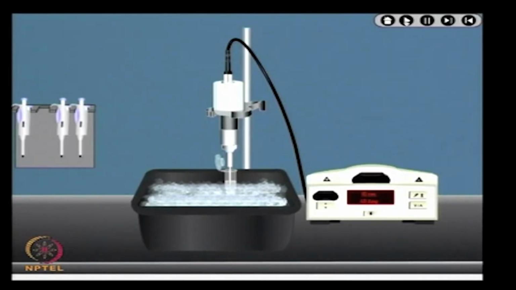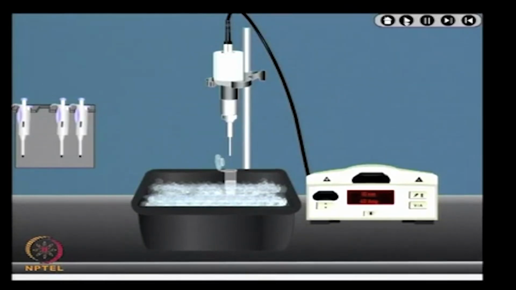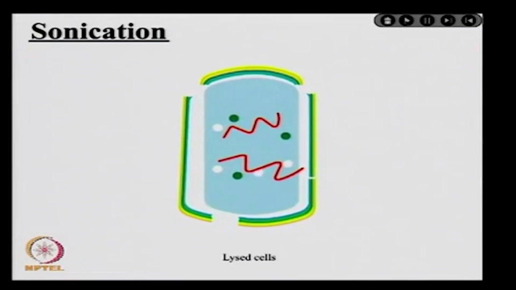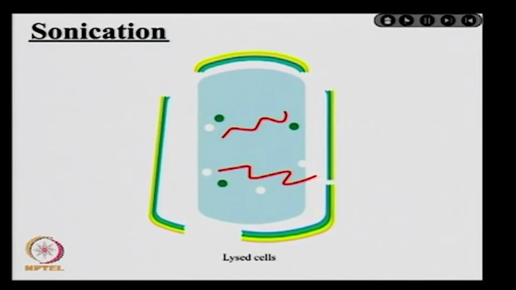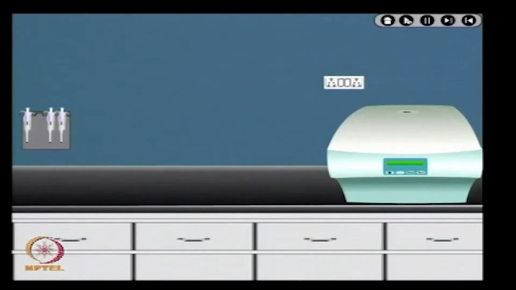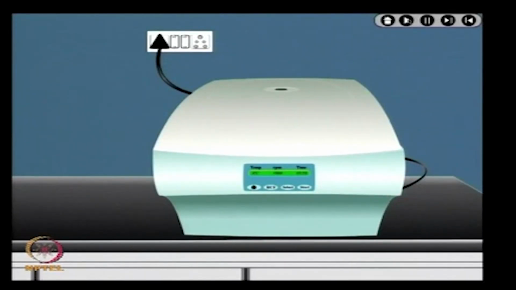Sonication can be performed using a sonicator for 6 cycles of 5-second pulse with 30-second gap in between at 20% amplitude. Sonication involves the use of high energy sound waves that are capable of breaking open the outer membrane of the cells. Cell debris and unbroken cells can be separated by the centrifugation step.